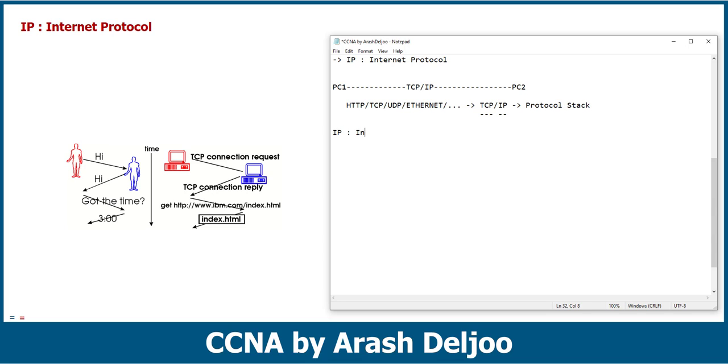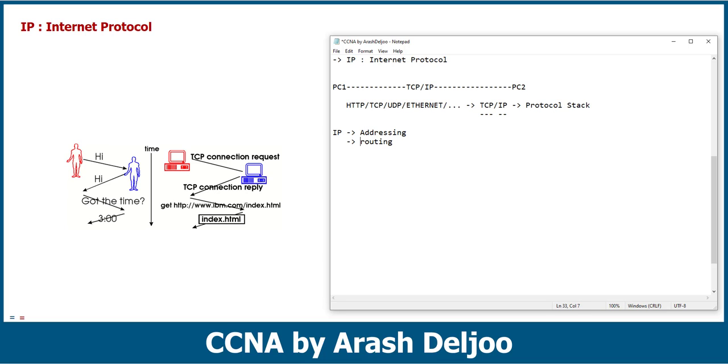Now you know why we need to talk about the IP, or internet protocol: this is the protocol of addressing and also routing in TCP/IP, and because our networks are TCP/IP networks, we need to learn these protocols. The IP, or internet protocol, has two functions: addressing and also routing.